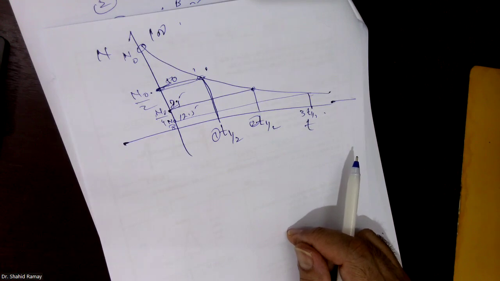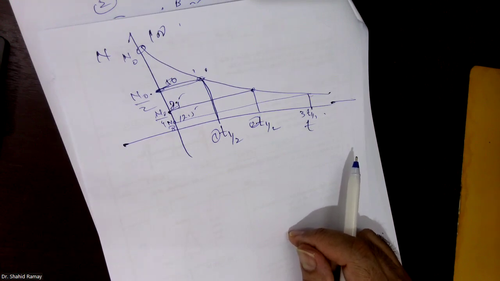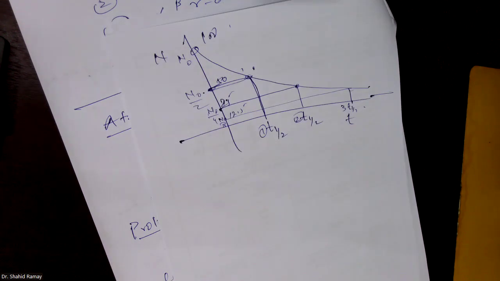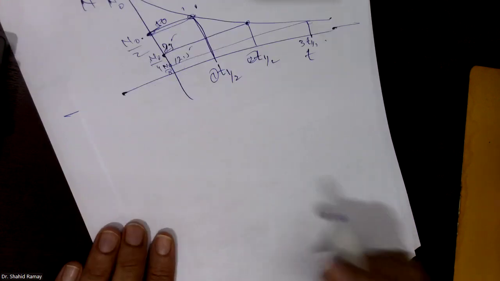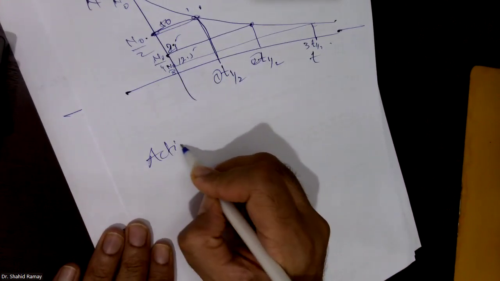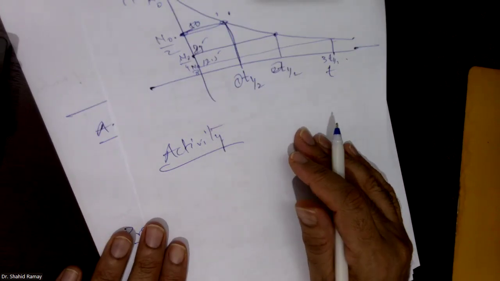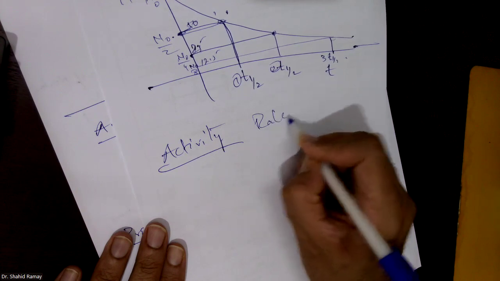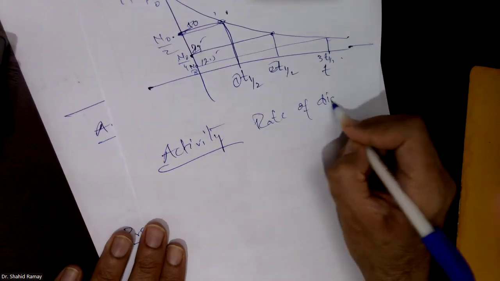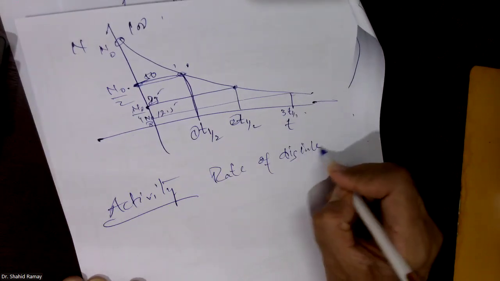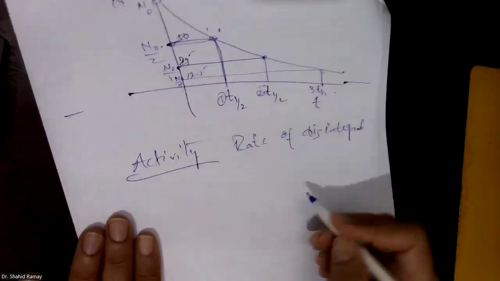Okay, after this, now we have another thing, and that is the activity. Activity is actually the rate of decay or rate of disintegration. Rate of disintegration is called activity.